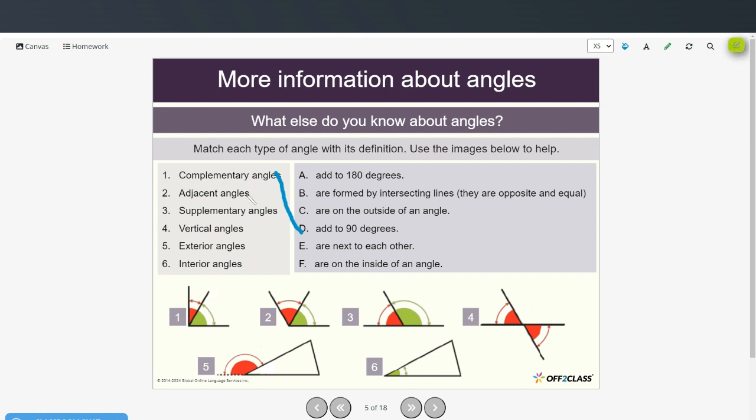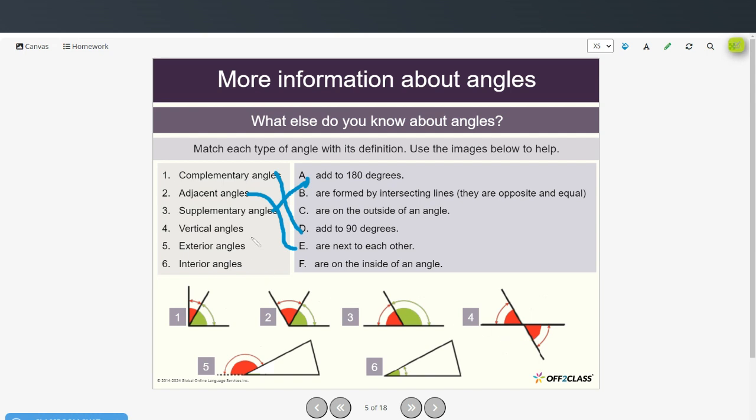Adjacent angles are next to each other. So the number 1 would be adjacent angles, number 2 would be adjacent angles, number 3 adjacent angles. So we have several examples of adjacent angles. Supplementary angles add to 180 degrees, which means they would form a straight line. So that would be number 4.